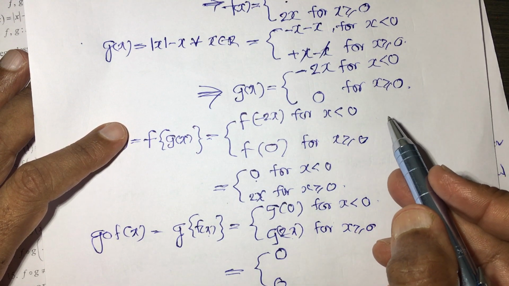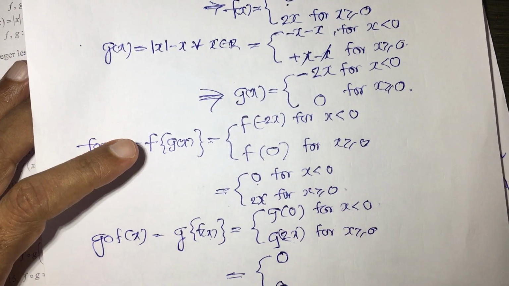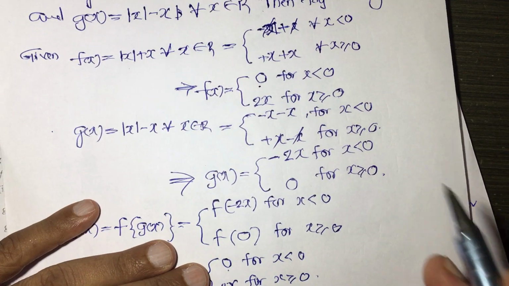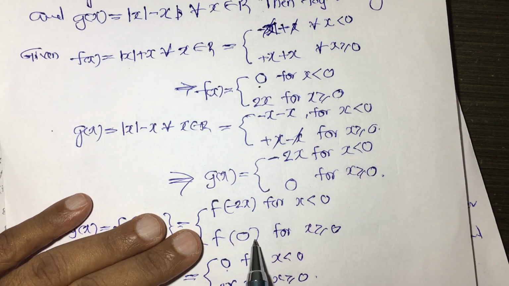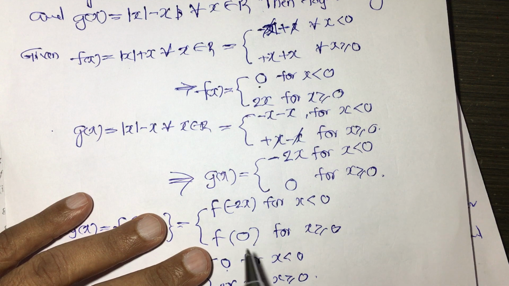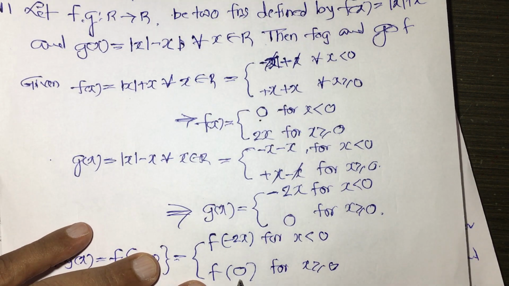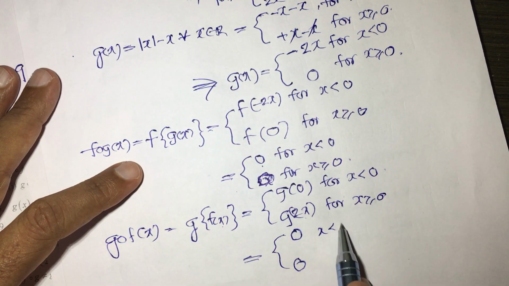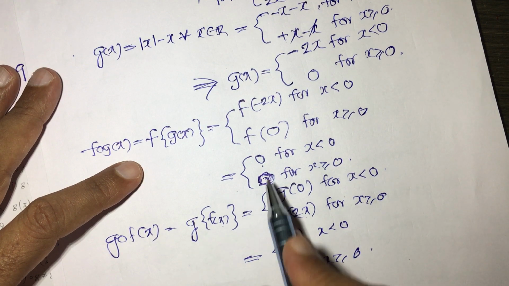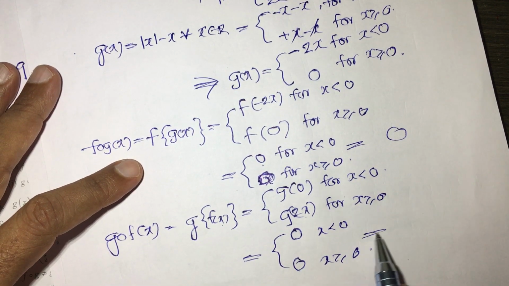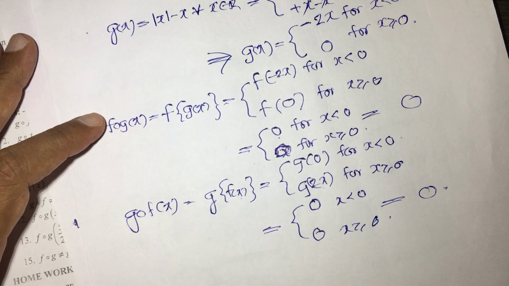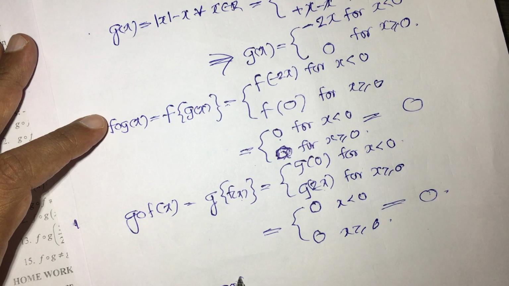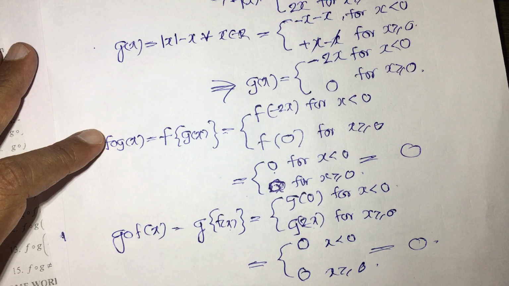So for x less than 0 we have 0 and for x greater than or equal to 0 this is also 0, which means we can say that f composite g of x is equal to g composite f of x, which is 0.